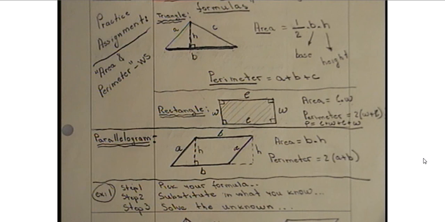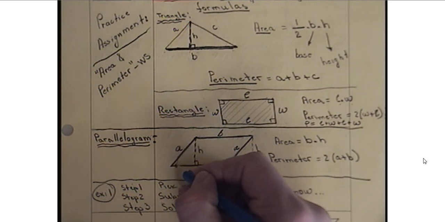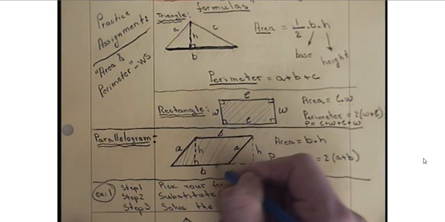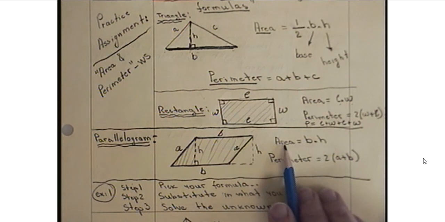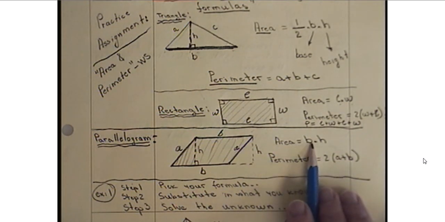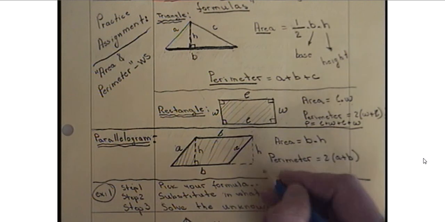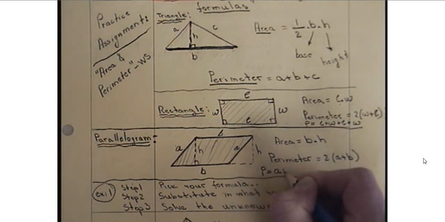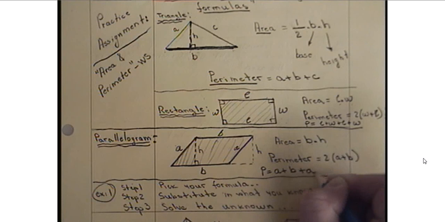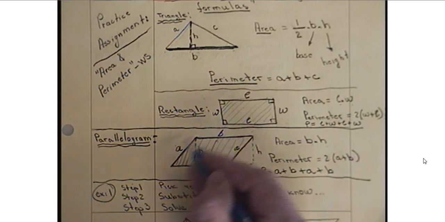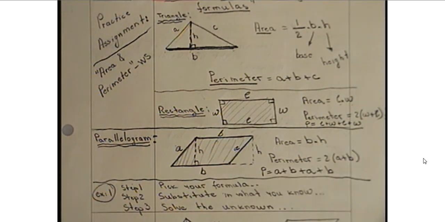So the area of this parallelogram, everything that is inside, is equal to the base times the height. The perimeter again will be 2 times A plus B, or also the perimeter will be A plus B plus A plus B if you want to go all over and just follow each side.